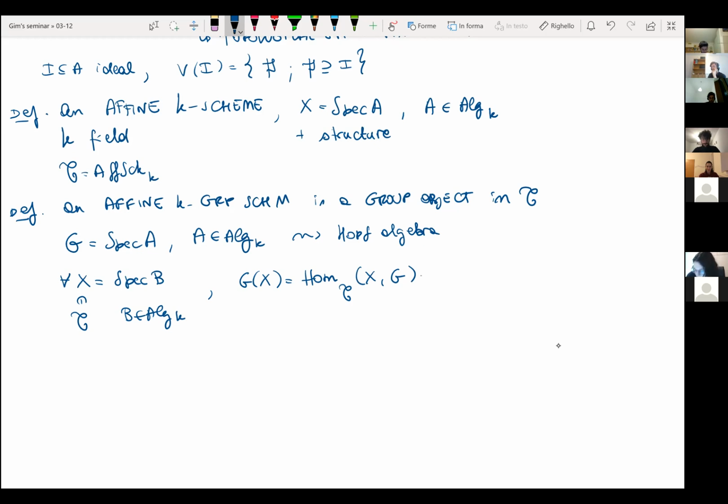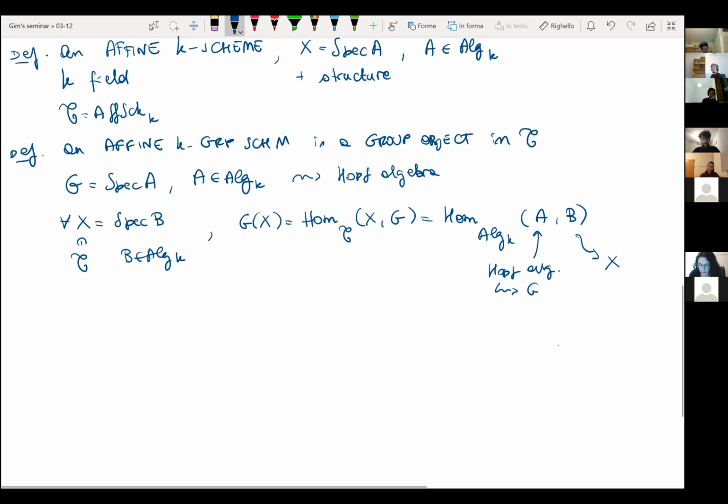And this is also equal to the group of homomorphisms of K-algebras from A to B. This is because of an equivalence of categories between the category of affine K-group schemes and the category of K-algebras. This is what I told you, that you can think about affine K-group schemes as K-algebras. I recall that here A is the Hopf algebra associated to G, while B is describing our object X.